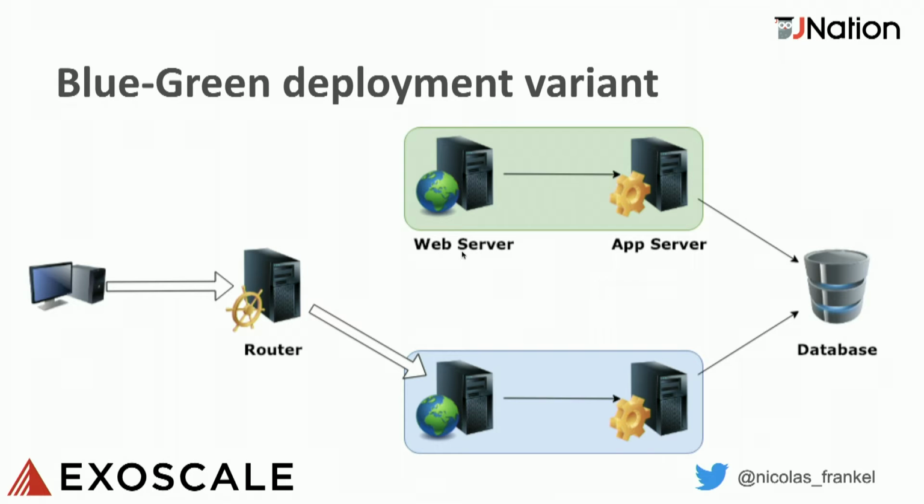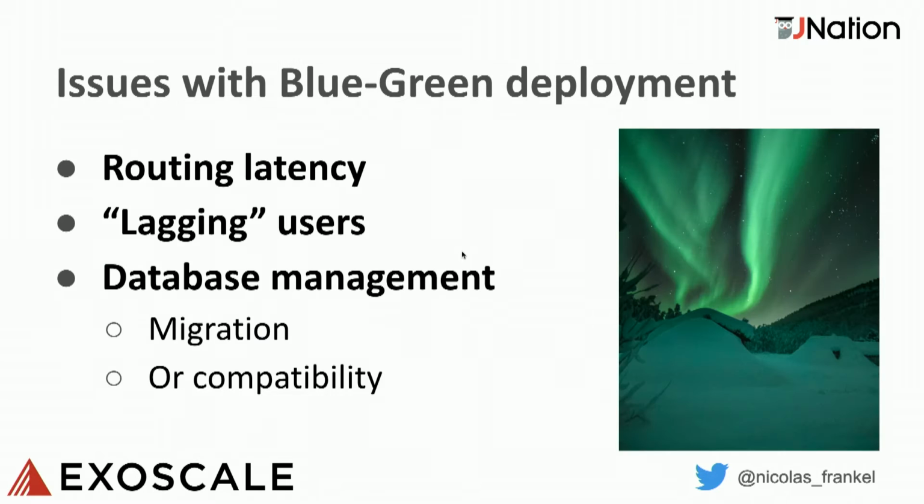It's just nice on a diagram, but there might be a couple of issues around it. And so what about the people who are already using the environment? They are already on green, and then you tell them that they should use blue. They are lagging behind. What should you do with them?